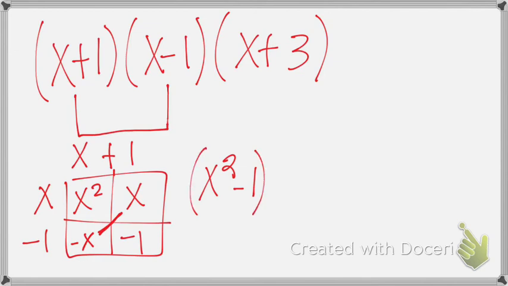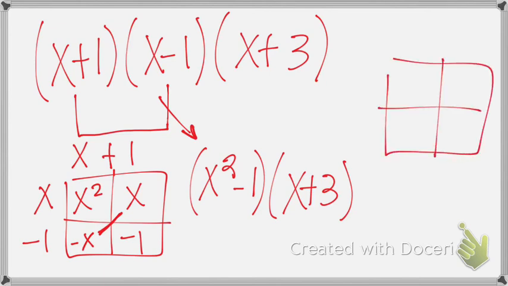So that is my product from the first two. I take that product and I do it again, except I multiply by the third one. So you're doing the same thing. The product was x squared minus 1 and x plus 3.